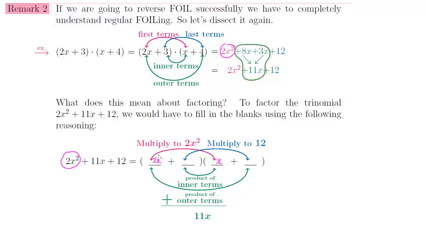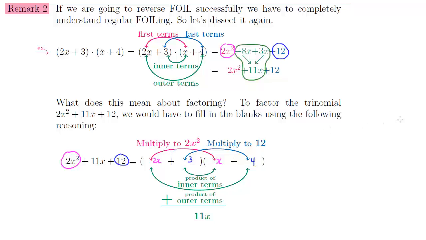So whatever you put in these first blanks has to multiply out to 2x squared. Now, where did this 12 come from? Well, the 12 came from 3 times 4. So in order to get this 12, you would need two numbers here that multiply out to 12.